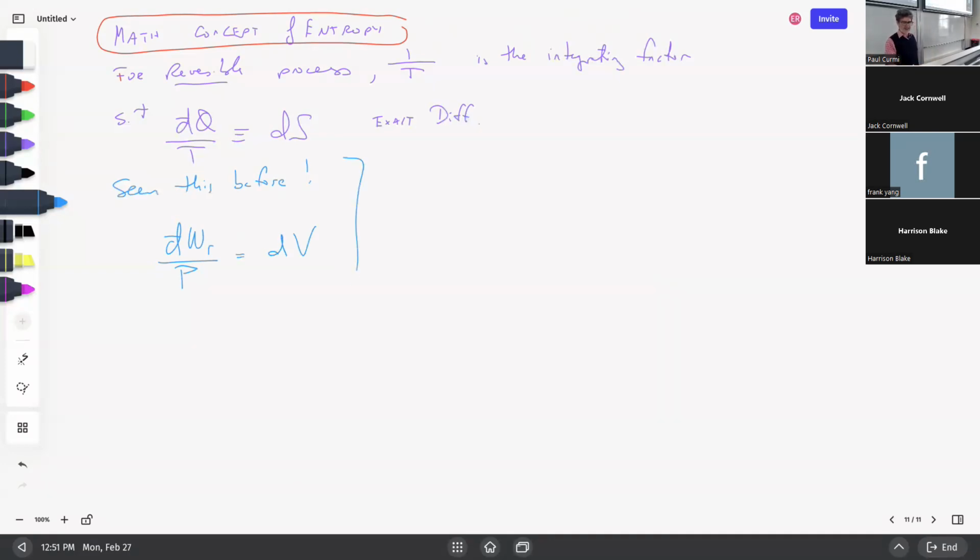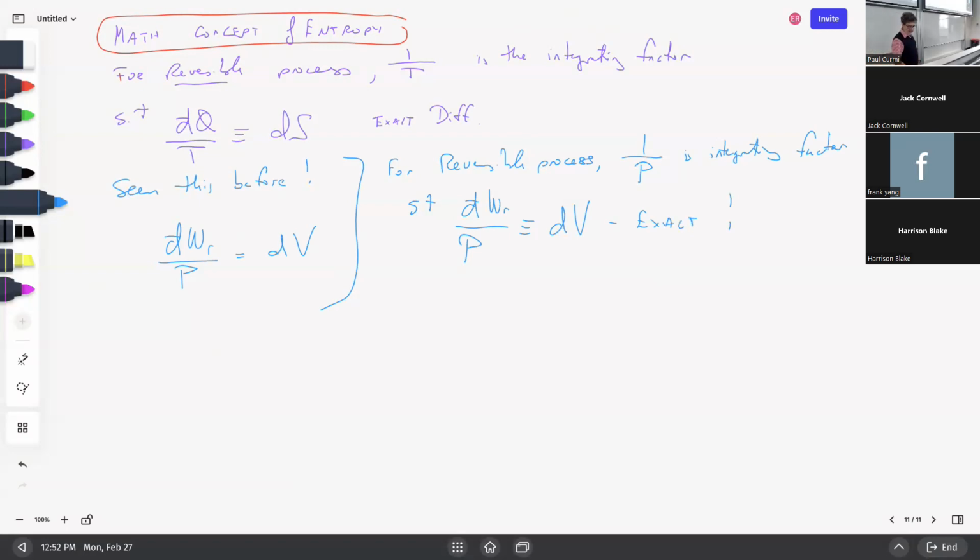So I can say that for a reversible process, 1 over pressure is the integrating factor, such that d bar W reversible on P is dV, exact.